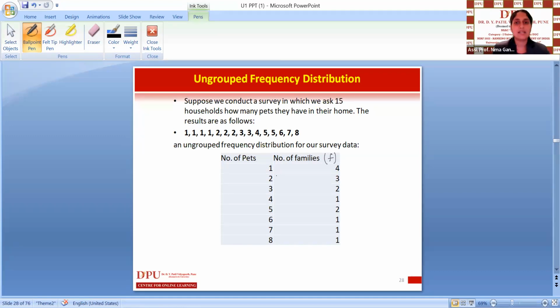Number 2 is repeating 3 times, number 3 is repeating 2 times, number 4 just once, 5 is repeating 2 times, 6 once, 7 once, and 8 once. So when you have individual numbers in the first column and the respective frequency in the second column, you say that your data is of ungrouped frequency distribution type. Or you can say it is a discrete frequency distribution too.